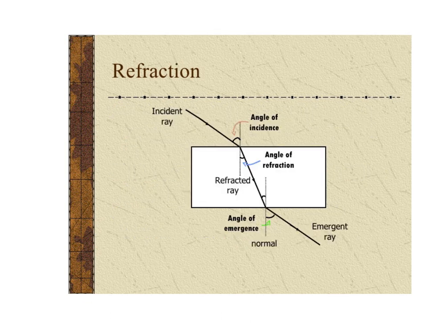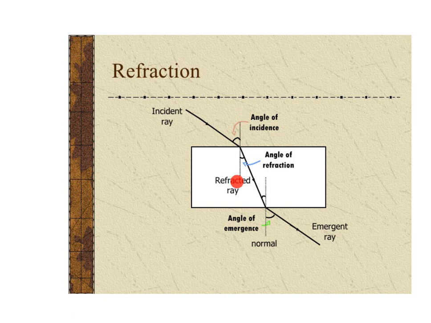Also, in this diagram of refraction, this is the first medium and the second medium. When this incident ray falls on this surface, it will be refracted in medium 2. So this angle is called the angle of refraction, and this angle is called the angle of incidence. This is the normal.